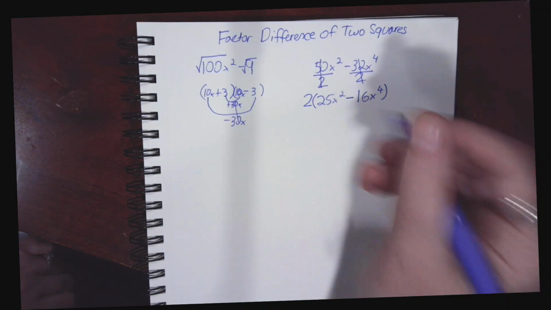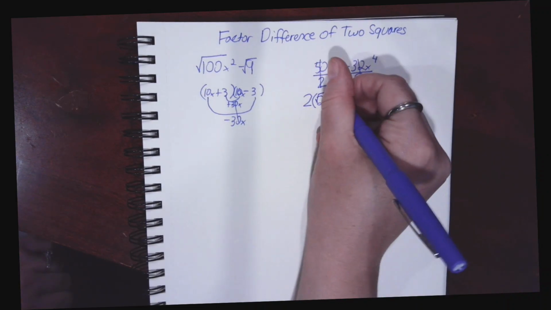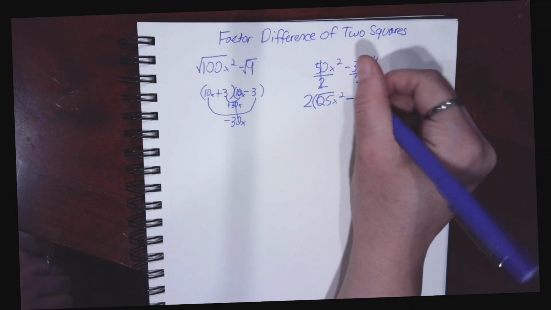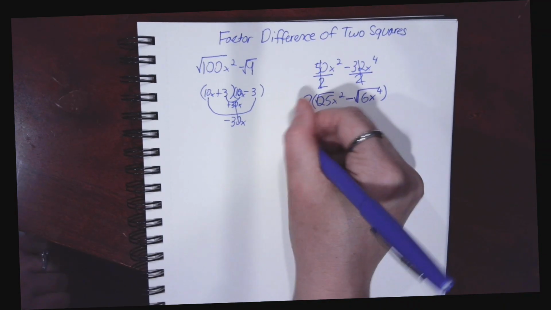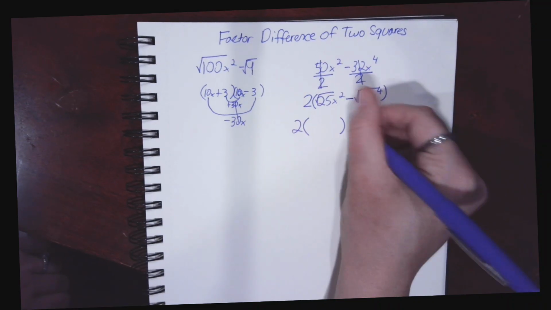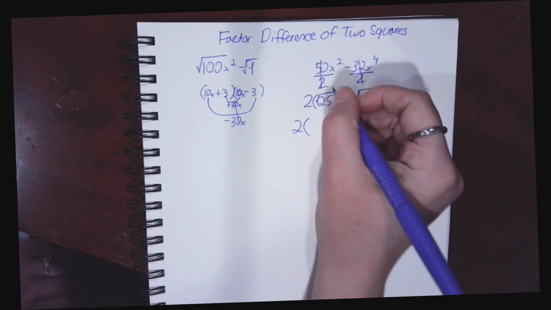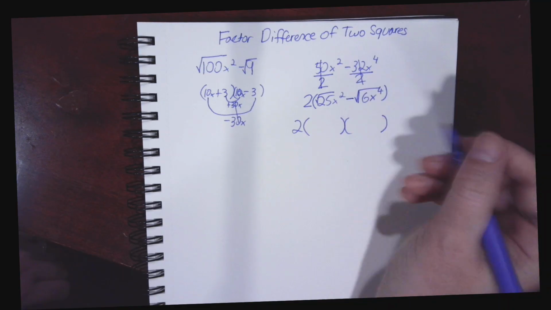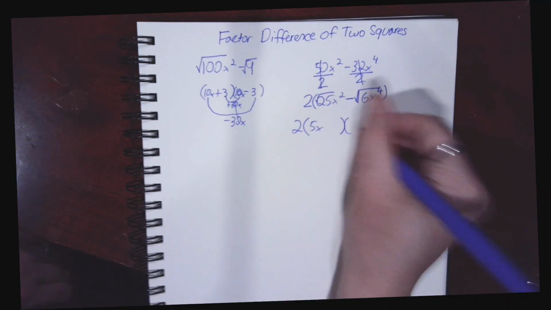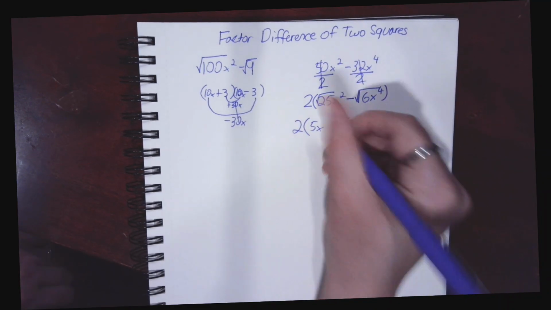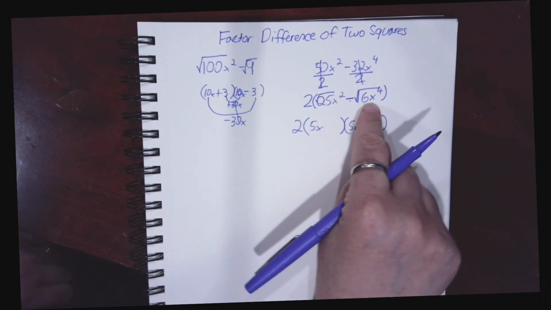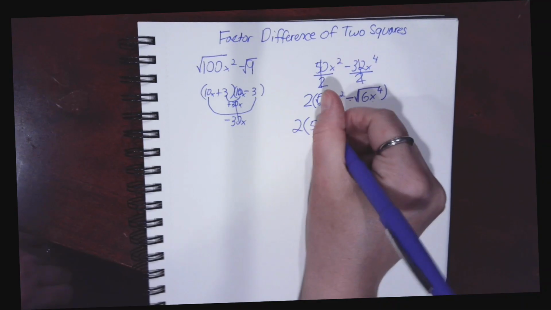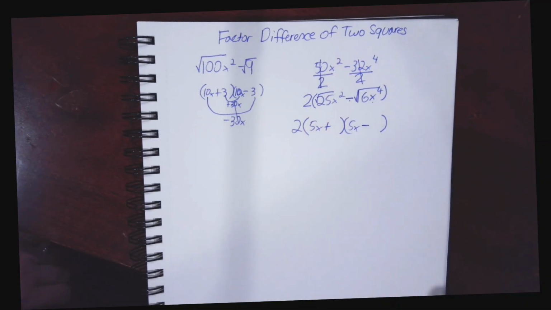So now I can take the square root of the 25x squared and the 16x to the 4th power. I'm going to put the 2 in front. I'm going to put my parentheses. So 25x squared is going to be 5x. Now again, to multiply to get a negative, I have to have a positive and a negative.